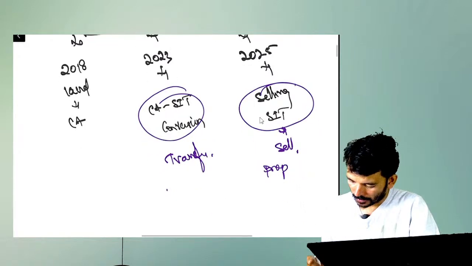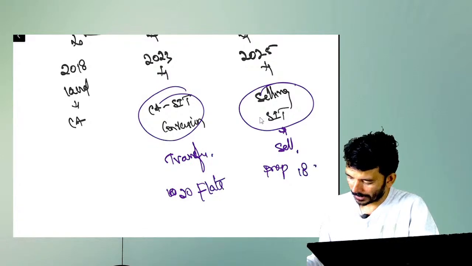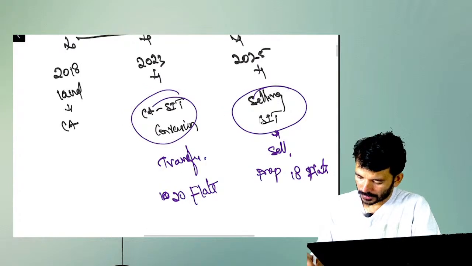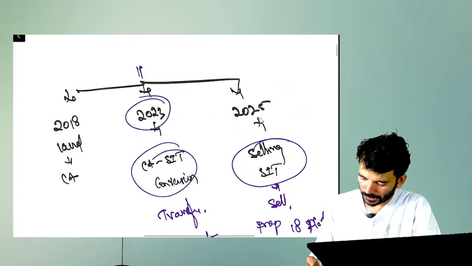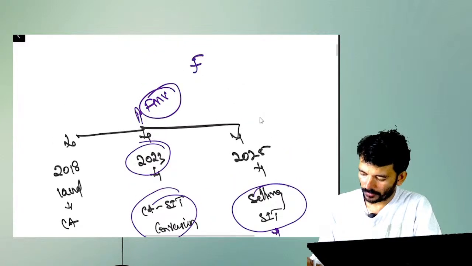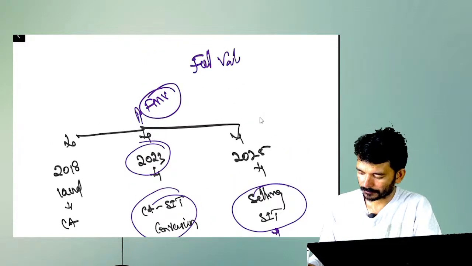Proportionately means, out of the 20 flats I made, I am selling only 18 flats, right? So on this day, whatever is the fair market value, that will be my full value of consideration.